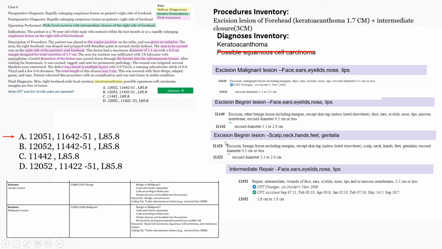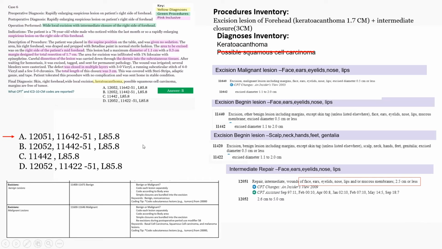Another way is to go through the codes. Let's look into option A. It is coding for repair of an intermediate wound of the face, ears, eyelids, nose, lips of 2.5 centimeter or less. You can cross check with the procedure inventory we have. We have an intermediate repair of 3 centimeter, so it is going to be greater than 2.5 centimeter.